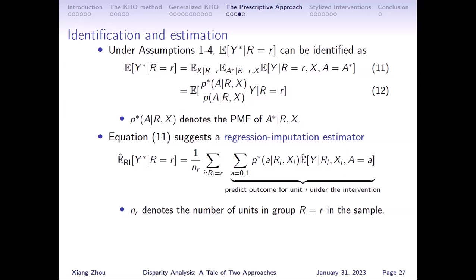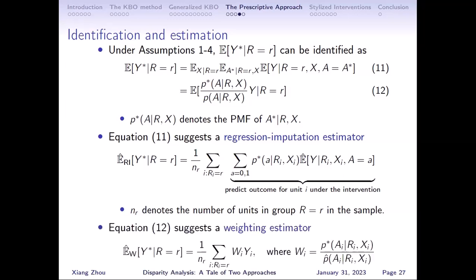We could also use equation 12 to implement a weighting estimator, where you can see the weight is the ratio of the conditional probability of receiving the observed treatment under the intervention to the conditional probability of receiving the observed treatment under the status quo.